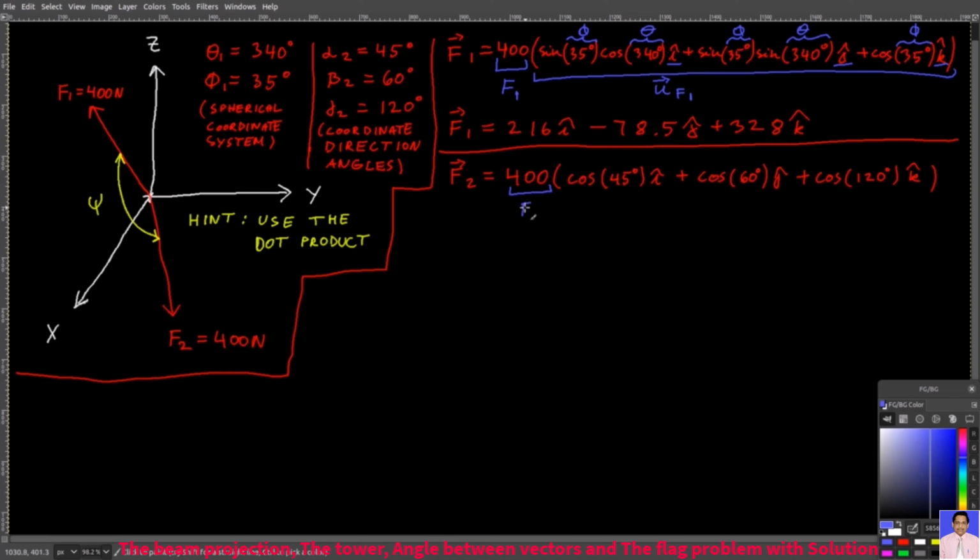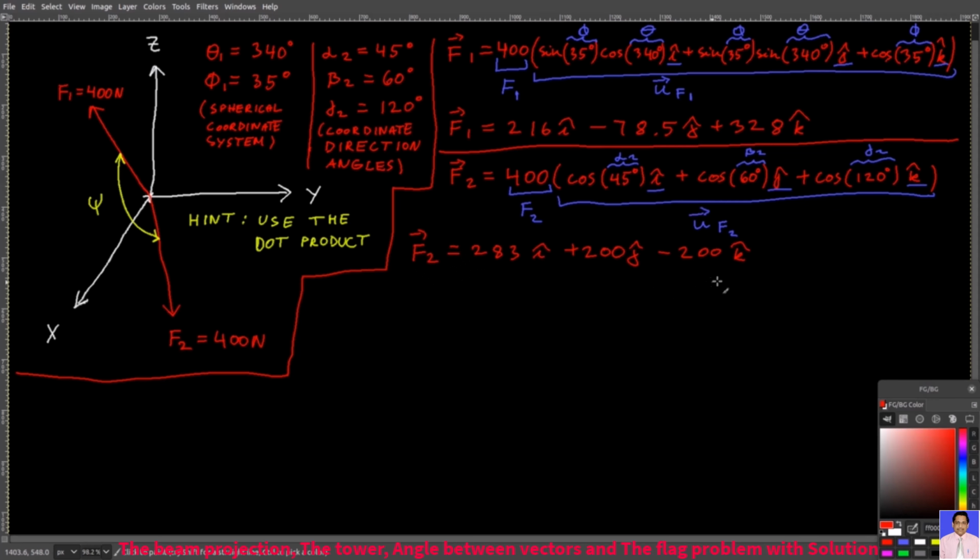Again, this is the magnitude. This is the general unit vector in the direction of F2. Then this is alpha 2, this is beta 2, and this is gamma 2. And these are your I, J, and K components. From that, you know that F2 equals this one here.